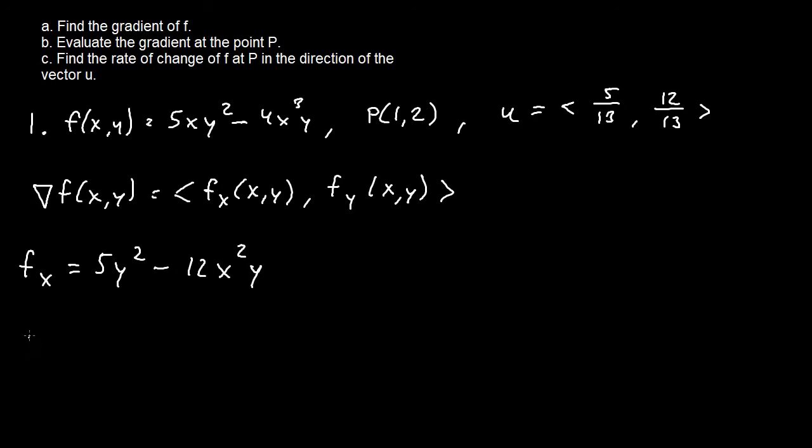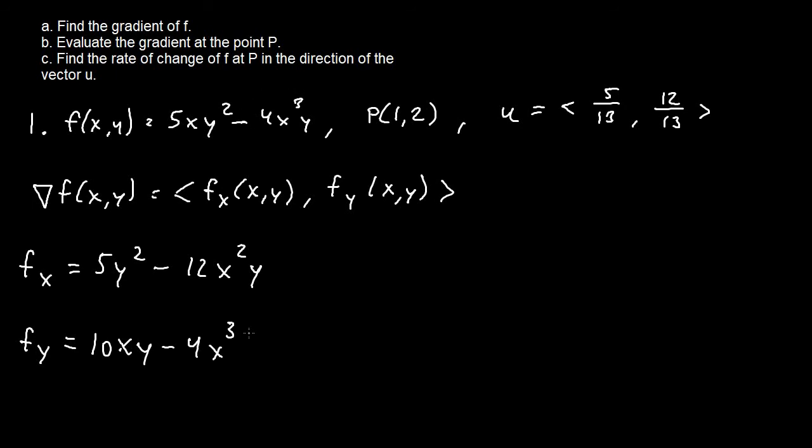And so now if we were to find f sub y, the partial derivative of f with respect to y, treating y as the variable and everything else as a constant, the derivative of 5xy squared is going to be 10xy minus the derivative of 4x cubed y. And so the derivative of that is just going to be 4x cubed.